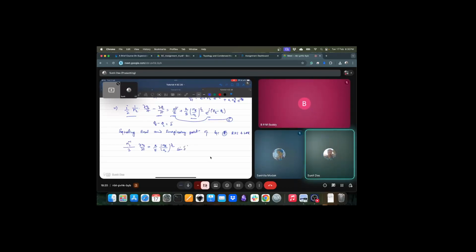Okay, so why sine? Because this part's imaginary part is sine, and then this iota makes it imaginary.